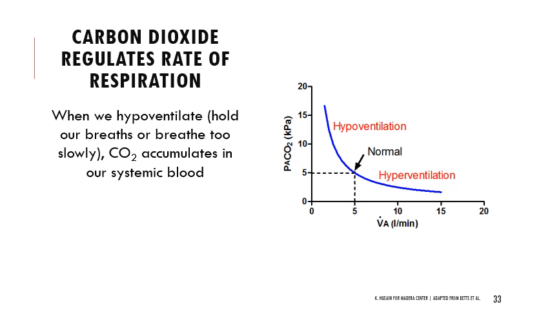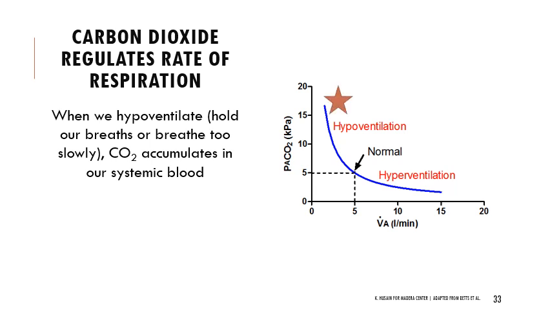When we hypoventilate, hypo means low, like hypothermic is low temperature, and ventilate is breathing. So hypoventilation is holding our breath, intentionally breathing very slowly, or breathing into a paper bag. When we do this, carbon dioxide starts accumulating in our systemic blood.